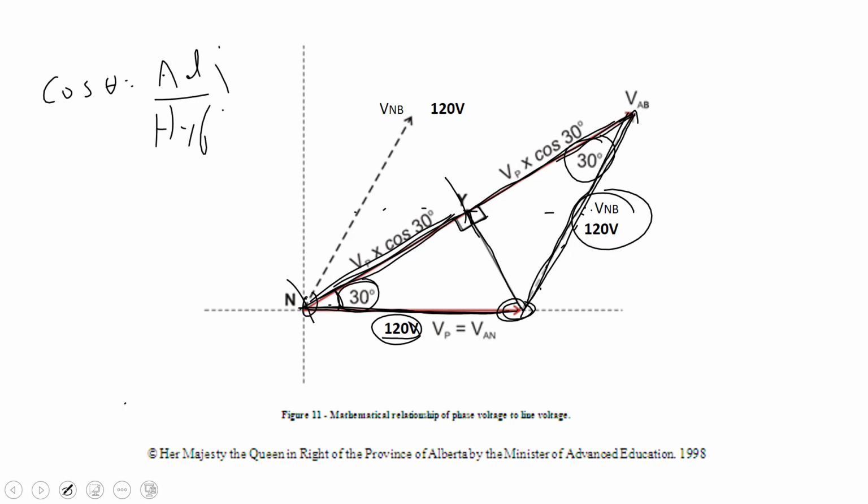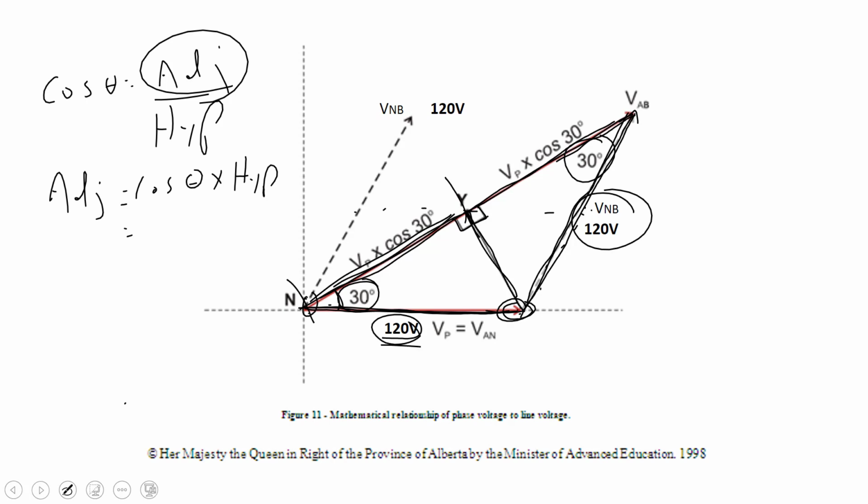And if I want to solve for the adjacent side, I would take cosine theta, which is 30 degrees in this case, times our hypotenuse, which in this small right angle triangle is 120. So to figure out this half, cosine 30 degrees times our hypotenuse, which is 120.